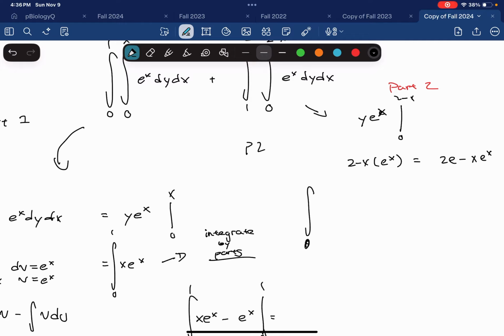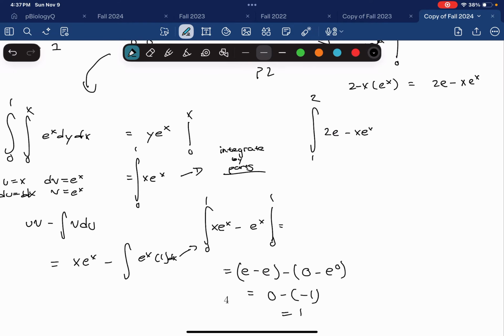That'd be from 1 to 2, 2e minus x e to the power of x. So now you can split these up. This becomes the integral of 2xe from 1 to 2. And this becomes the integral of x ex minus ex from 1 to 2.